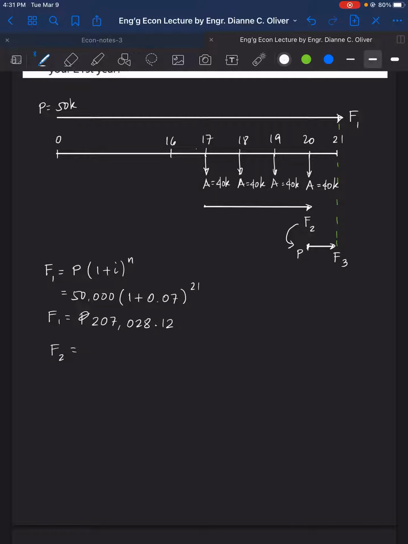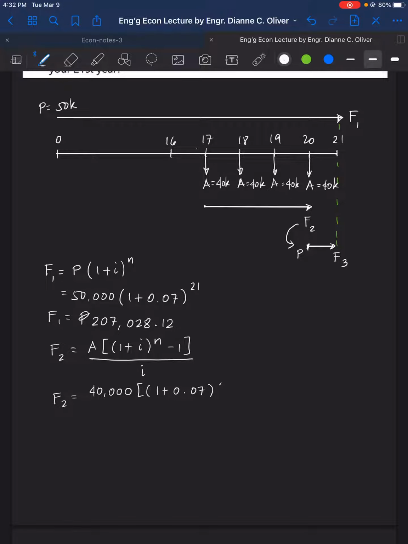So for F2, what's that? Let's compute for the annuity. So we have there A times 1 plus i raised to the number of payments minus 1, all over i. So F2 is equal to 40,000. You are withdrawing 40,000, times 1 plus 0.07 raised to how many withdrawals?